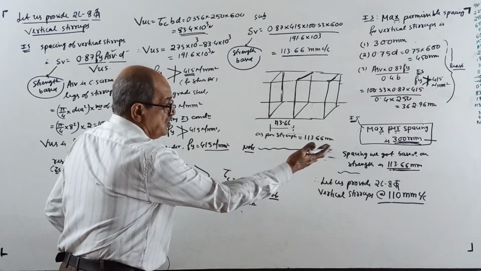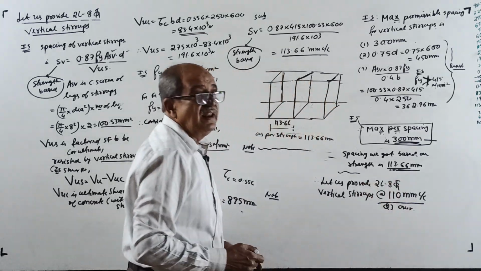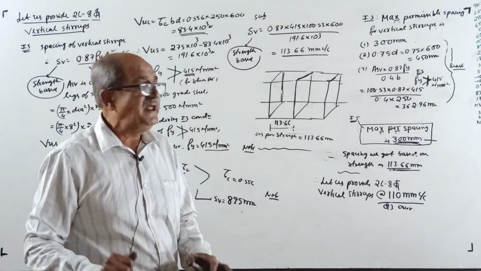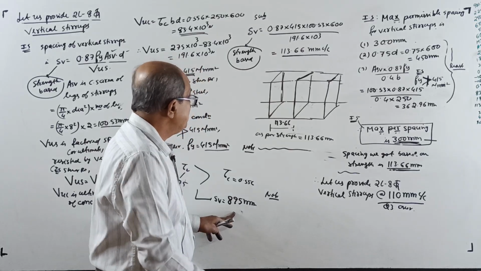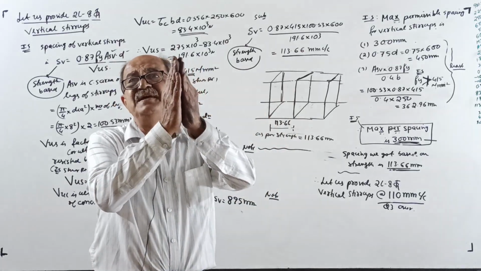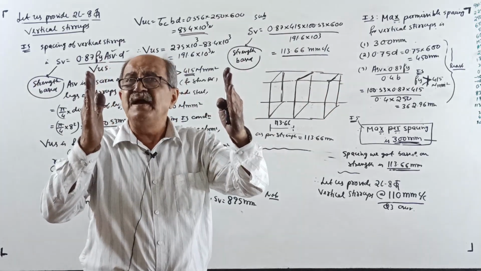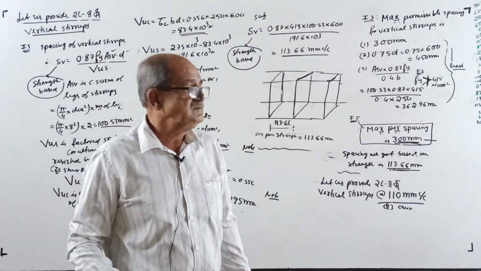Just a note, actually question 3 is already over there. Then you cannot give 895, because IS code is not permitting spacing of more than 300. So instead of 895, the strength-based spacing requirement, if you provide 300, IS code is agreeing and the beam is happy. Why? It is getting more shear steel. Okay, over.